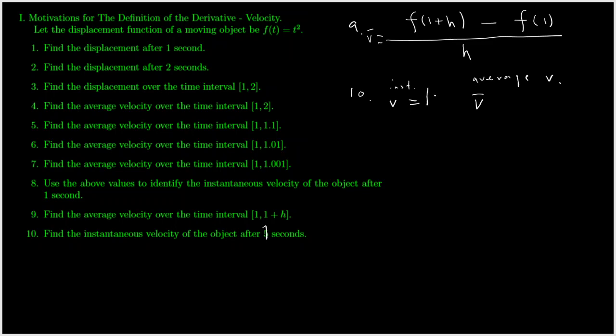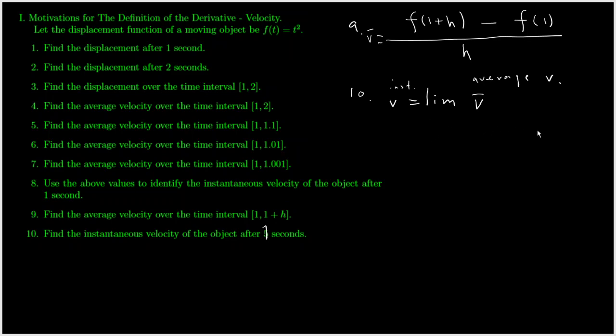So does it make sense? The instantaneous velocity is the limit of the average velocity as the time interval gets shorter and shorter. How do you describe the time interval getting shorter and shorter?